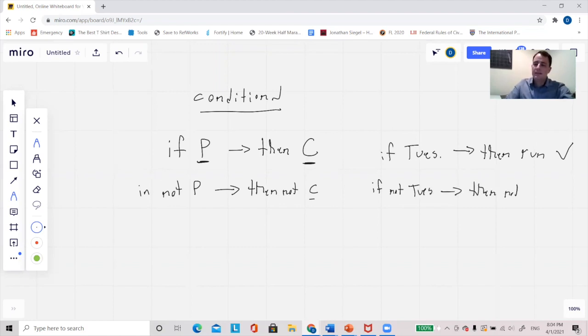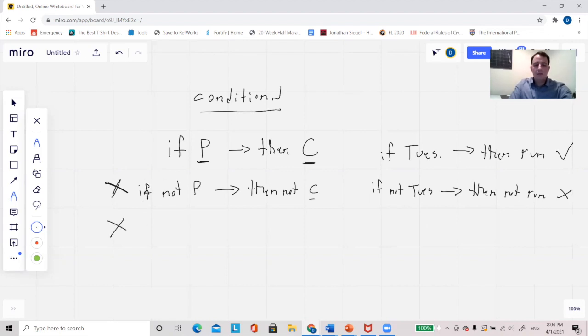And notice this is not necessarily true. It might be true. I might not go running on Wednesdays, but just because it's not Tuesday doesn't necessarily mean that I'm not going to go running on a Thursday or a Friday. So this first assumption that we make is not necessarily true.